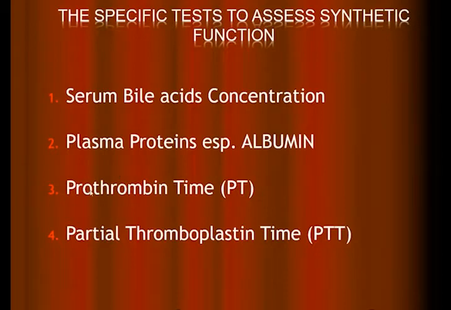Also prothrombin time, PT, and partial thromboplastin time, PTT. These two are for coagulation factors, and albumin is for proteins. We will do these investigations in the lab to find out whether the liver is functioning normally or not.